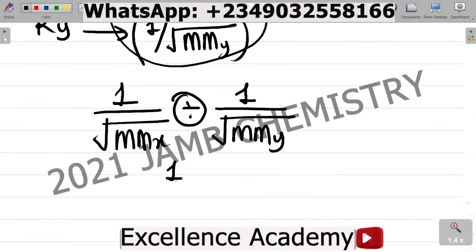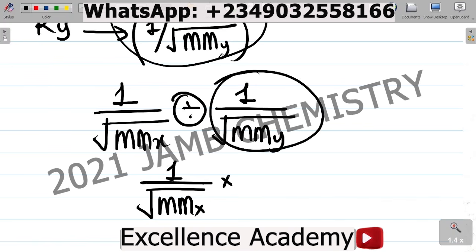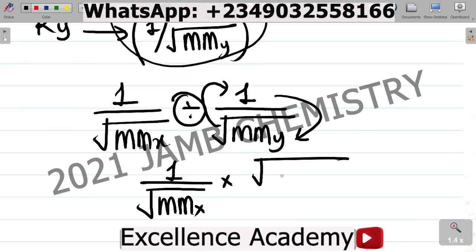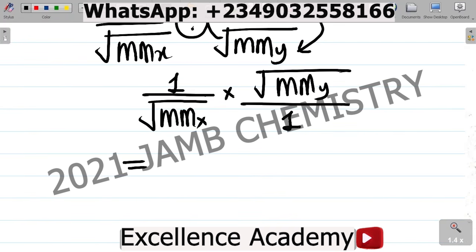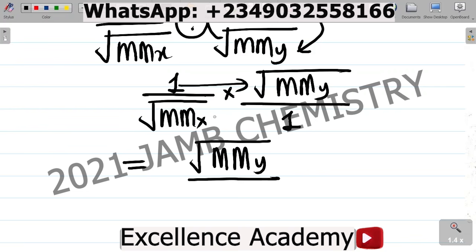That becomes 1 all over the square root of the molar mass of X multiplied by the inverse of the other: the square root of the molar mass of Y all over 1. Multiplying, 1 times the square root of the molar mass of Y gives the square root of the molar mass of Y, all over the square root of the molar mass of X times 1, which gives the square root of the molar mass of X.